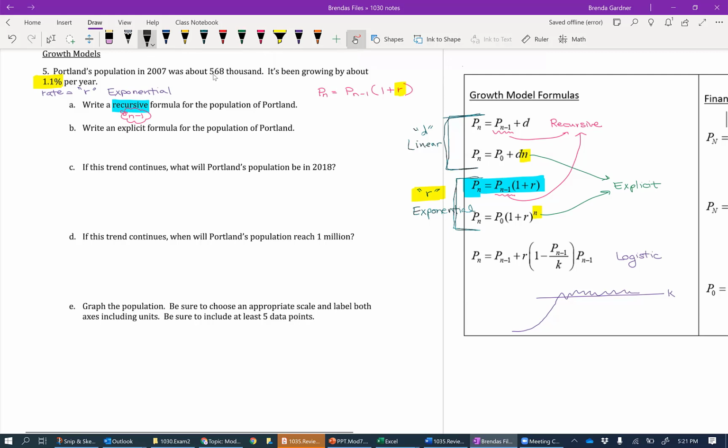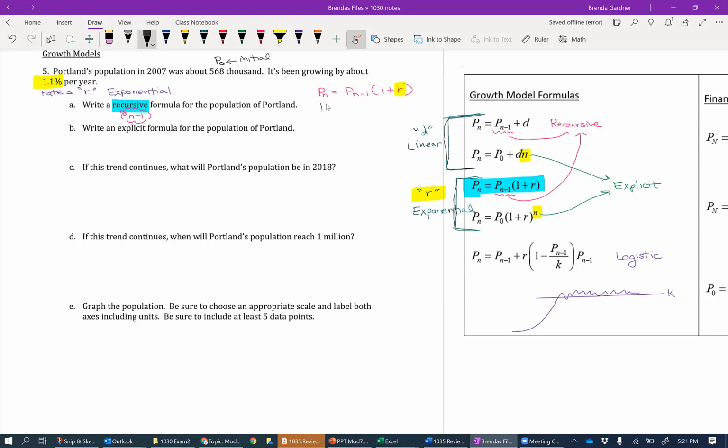You are not going to use the 568 because that's an initial population, the P sub 0, and my formula had no piece of 0. So you actually will not use that in the recursive formula. For the formula itself, formula means no calculation. Don't do any math, just write the formula.